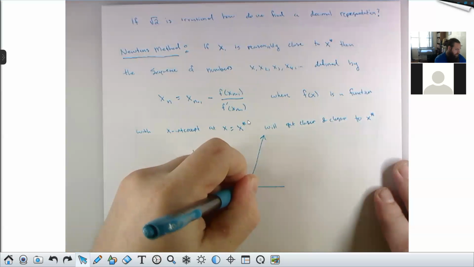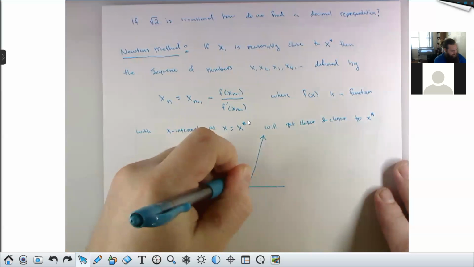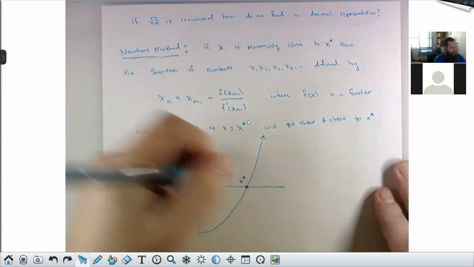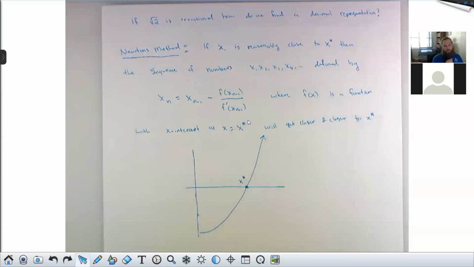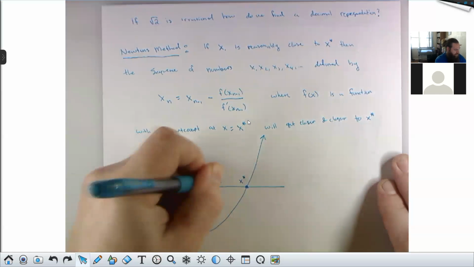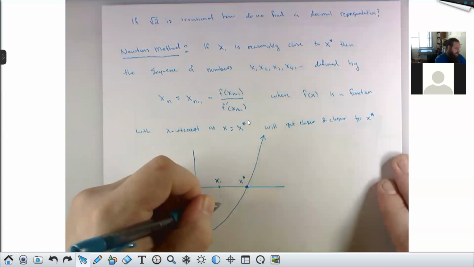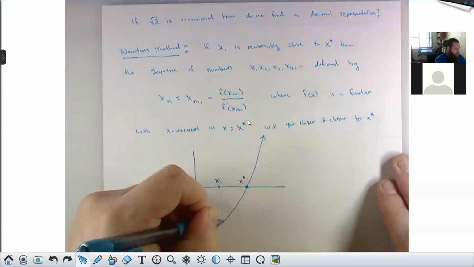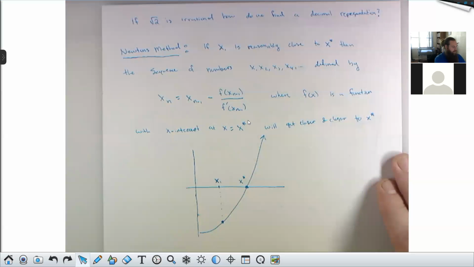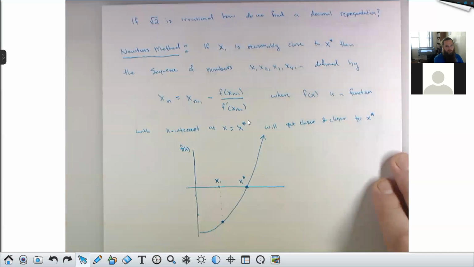The point I'm trying to approximate is right here, x star. I take a guess, call it x1. Then I construct the tangent line to f of x. So this is the graph of f of x, which has an x-intercept at x star. That's the idea, it's a root finding algorithm.